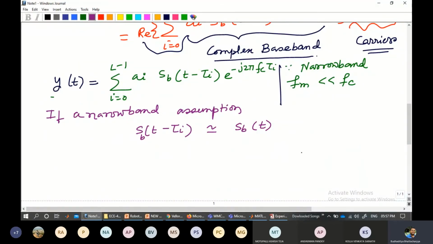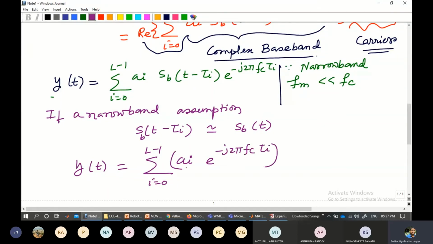So if this is the case, then our y(t) is represented as the summation i equal to 0 to L minus 1 of a_i e to the power minus j 2 pi fc tau_i, multiplied by s_b(t).